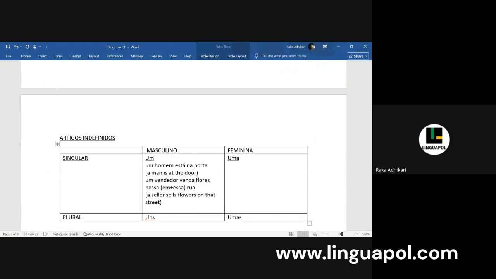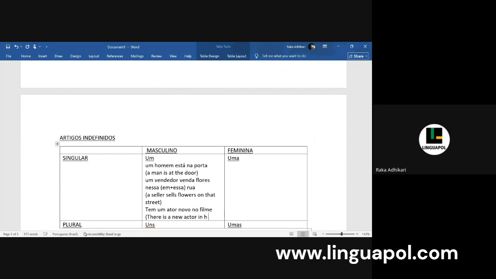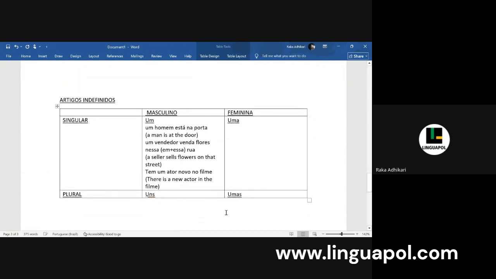For example, tem um ator novo no filme. That means there is a new actor in the film. Let's see some sentences with uns. Uns amigos vão atender a festa.